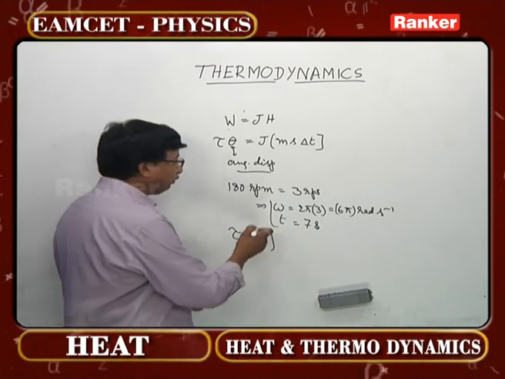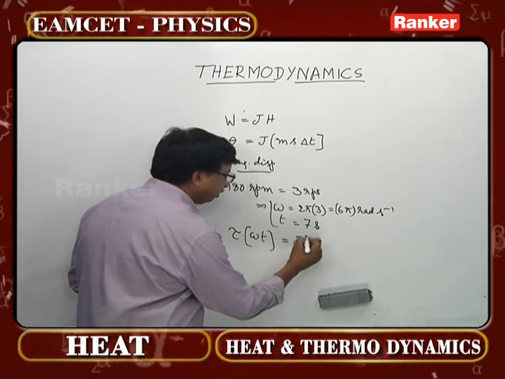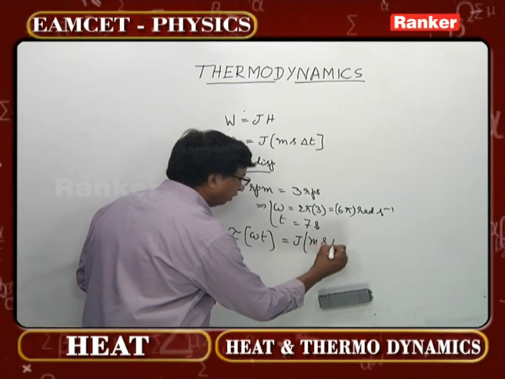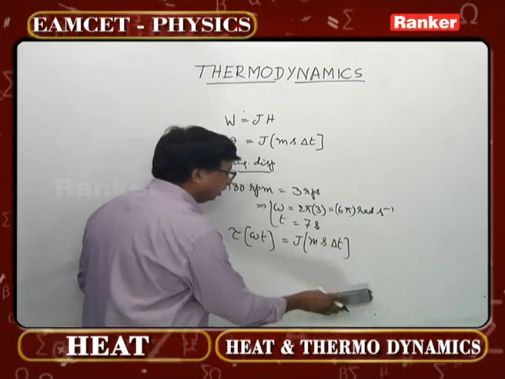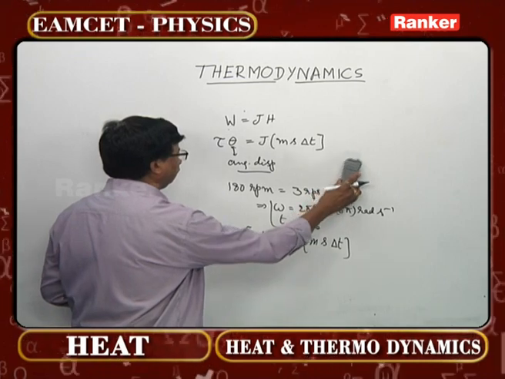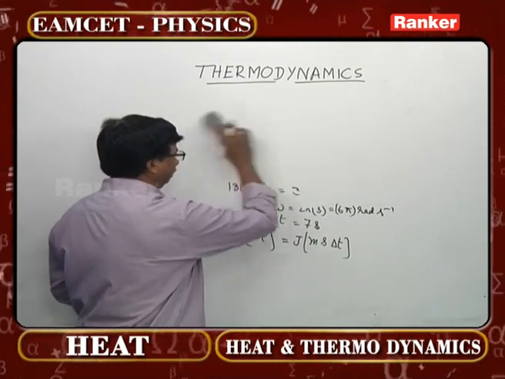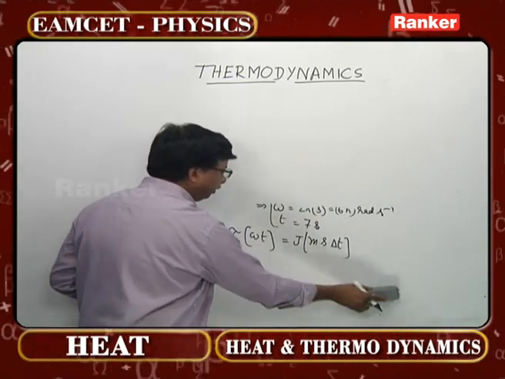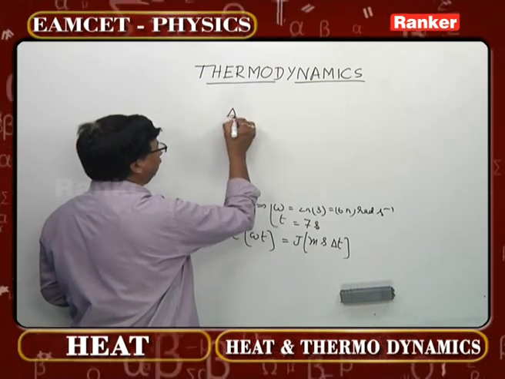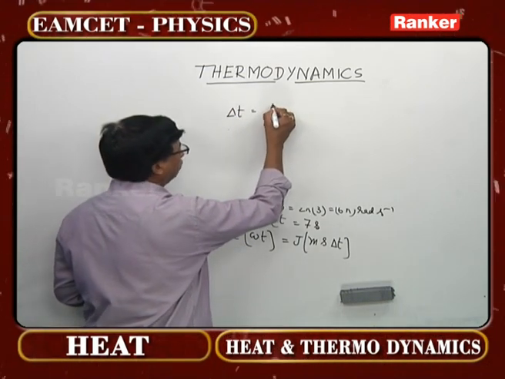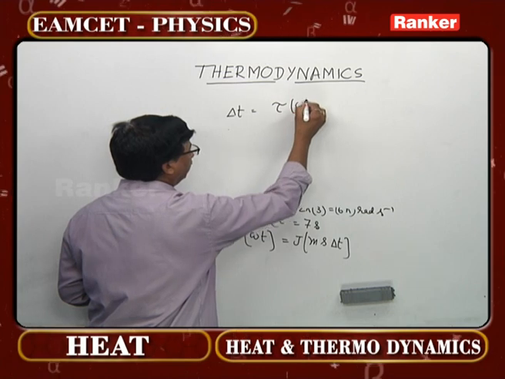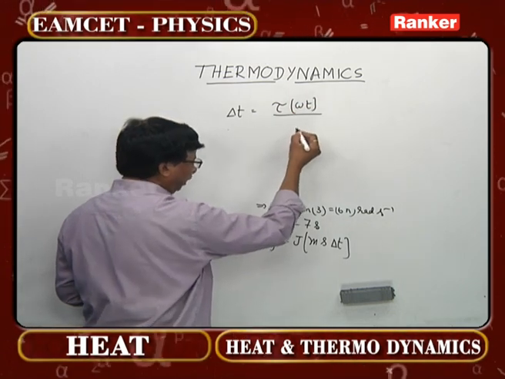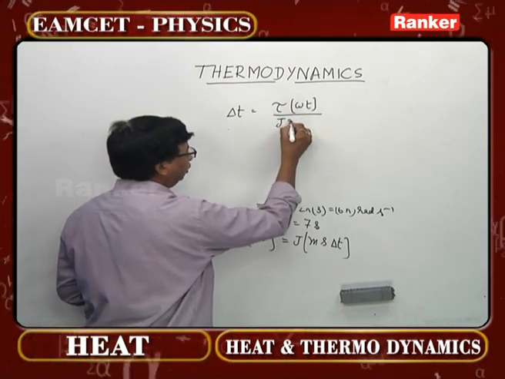So this is equivalent to J times m s delta t. This is the formula. Totally, we just want the value of delta t here. What is delta t now? That is equal to tau times omega t divided by J into m into s.